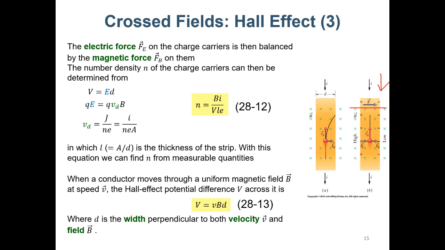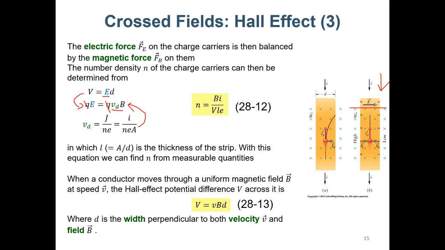So A should be this cross-section area. After we eliminate E and VD, we substitute VD equals I over NA here, and then we substitute E equals V over D here, and then Q and Q can be cancelled.